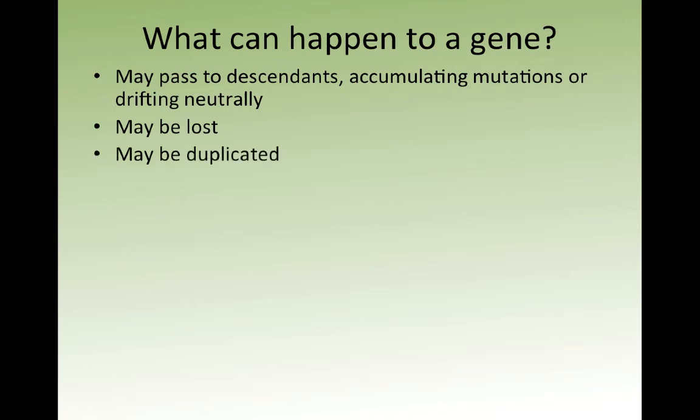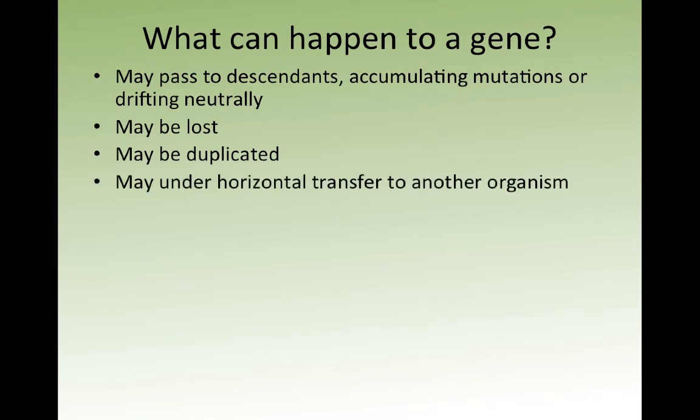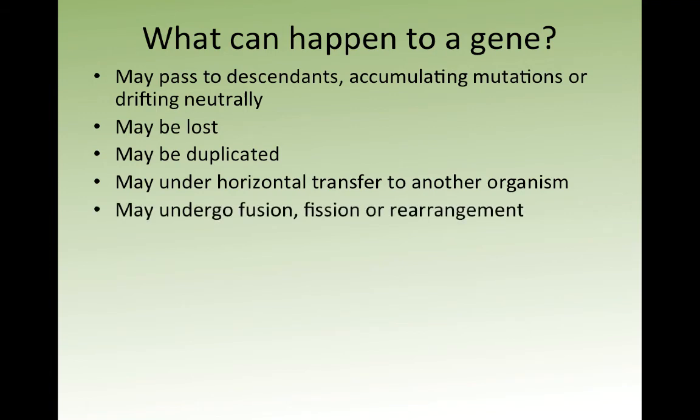That gene may be duplicated in future generations. Perhaps that gene is transferred to another organism. That could also happen. If it's just a duplicate and you already have a copy, maybe you can pass on that other copy to somebody else. Or that gene may fuse, or break off a piece, or be rearranged into some other context in the genome, whereas that copy can go and do whatever, but that original copy will stay and still preserve its own function.